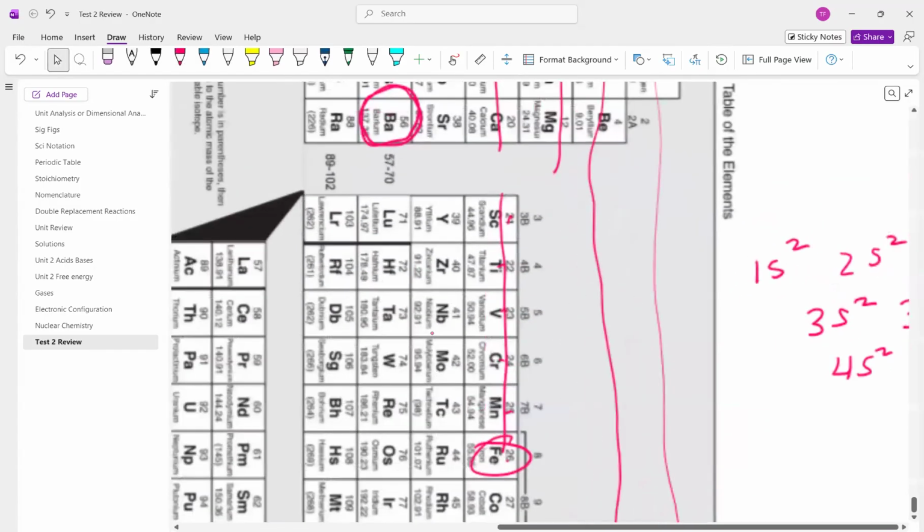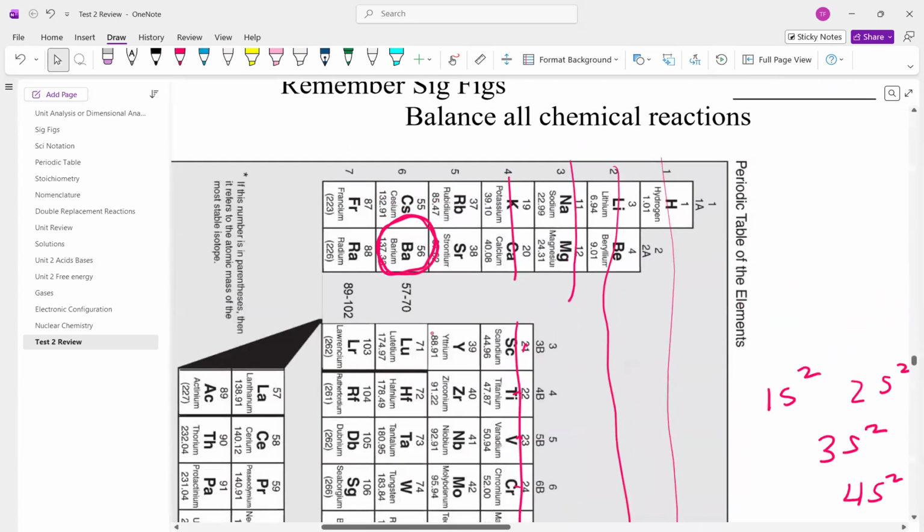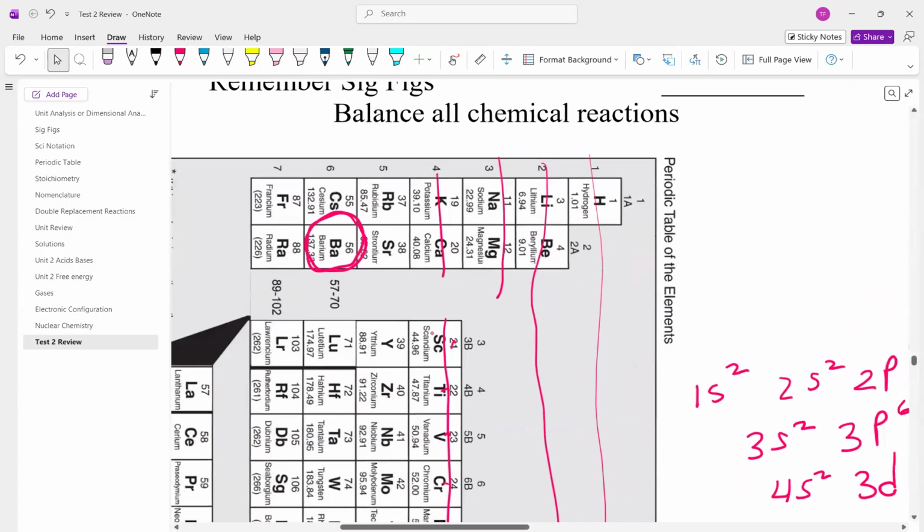So that's barium. So that goes all the way down to the 6th shell now. But we're not doing F's, we're only doing D's.